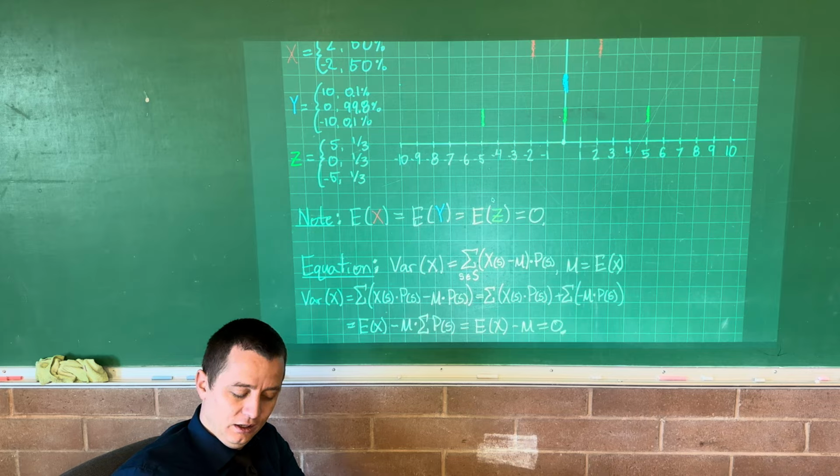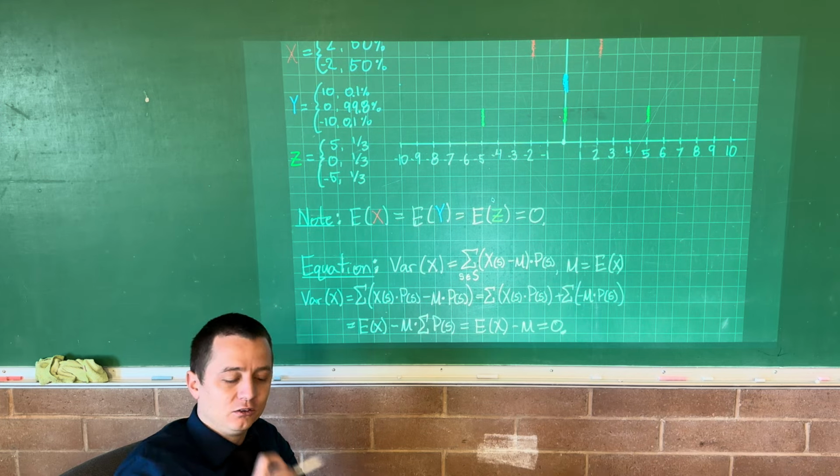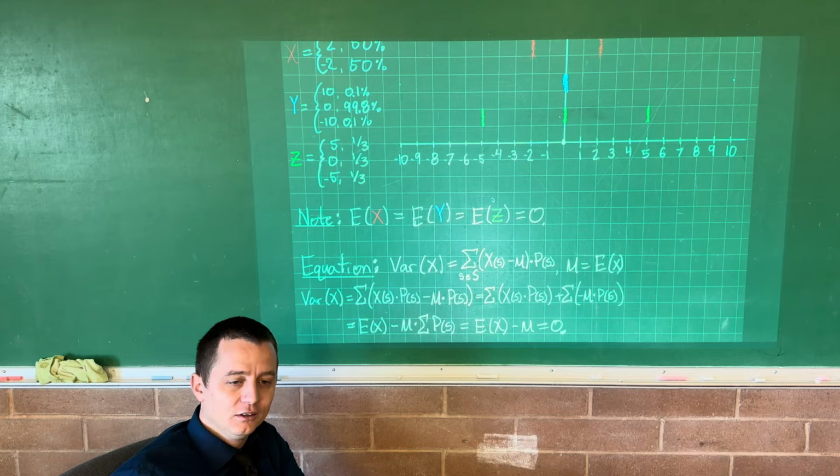So going from here to here, this is the expected value. Pull the negative mu out of the sum. Yep. What is the sum of all our probabilities? 1. So this just comes out to 1, and so we get expected value minus mu. What's expected value minus mu? The expected value is 0. Because mu is our expected value. That's what mu means.